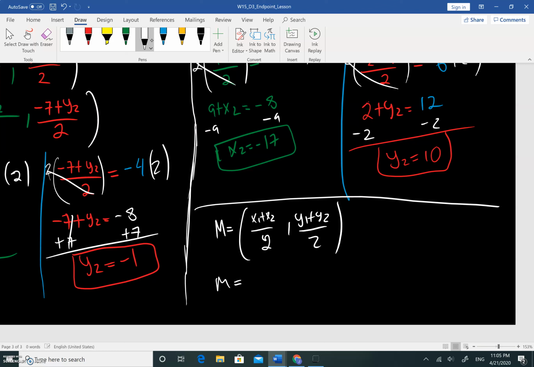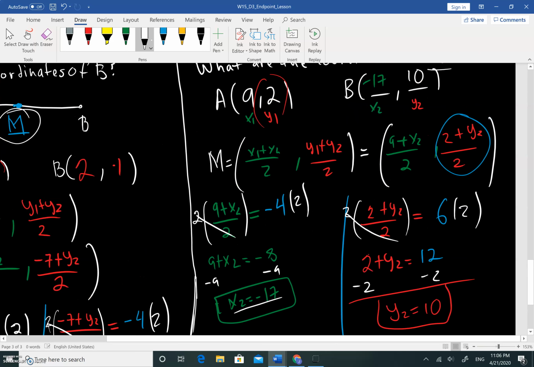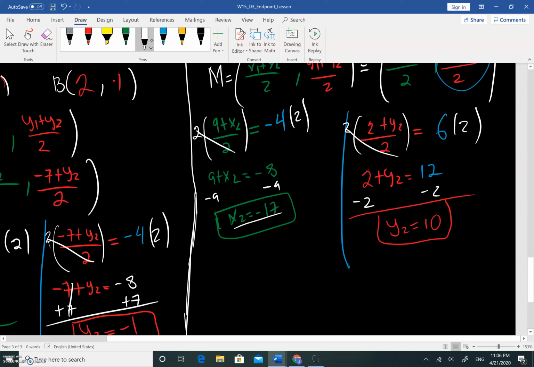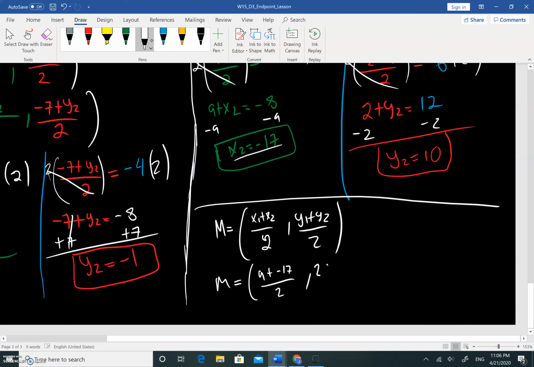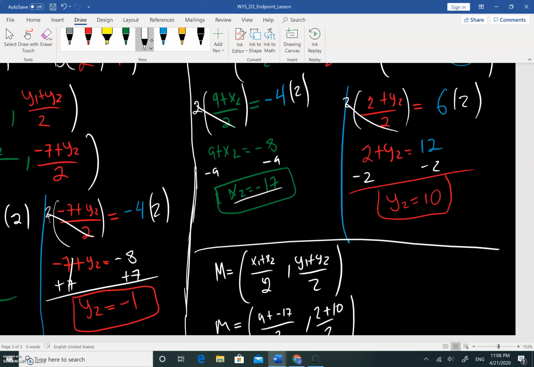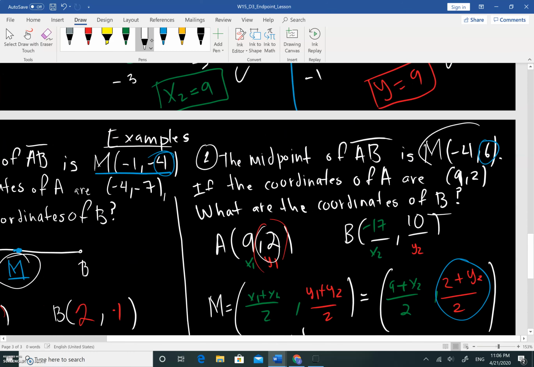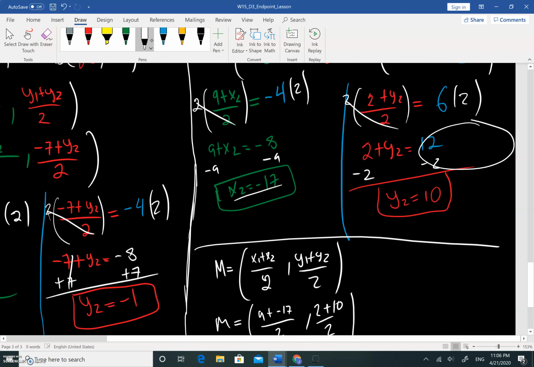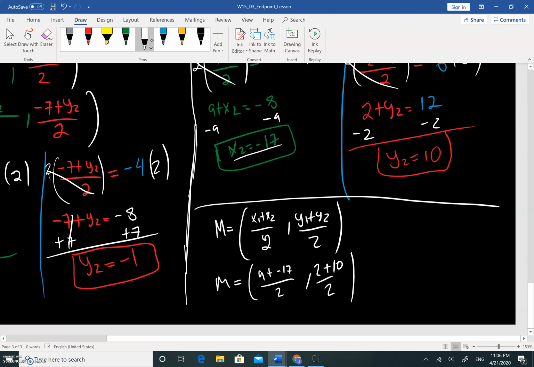My x1 is 9, and my second x is negative 17, divided by 2, and then my y1 is 2, so that's 2 plus 10, divided by 2, and my answer should be equal to what they gave me, negative 4 and 6. So let's check if that's the case.